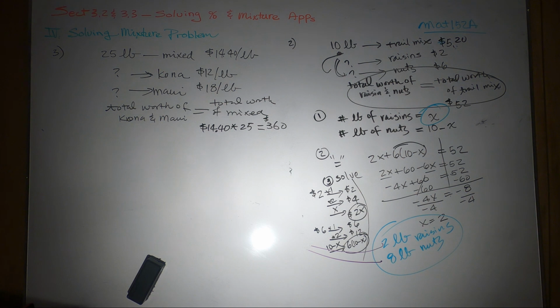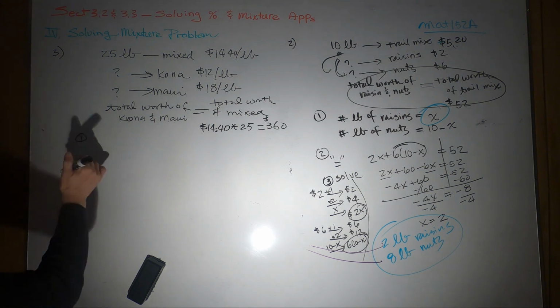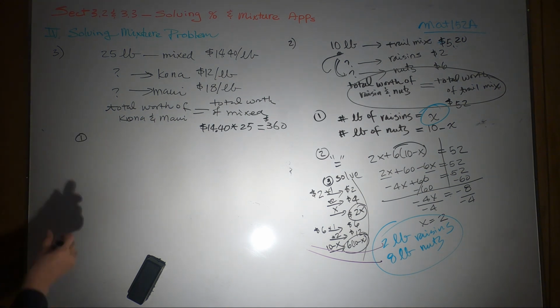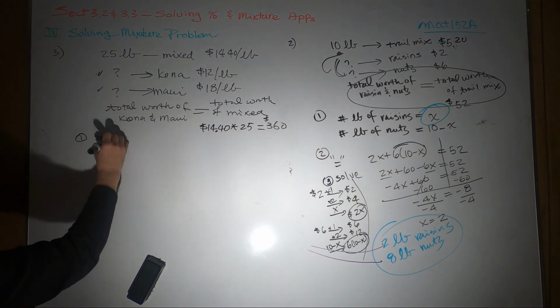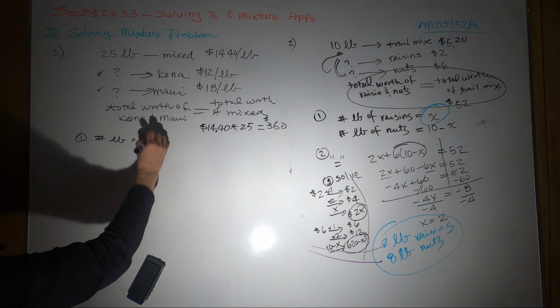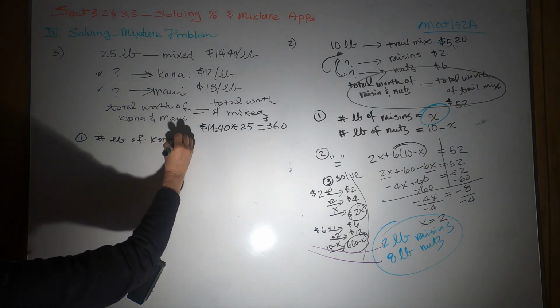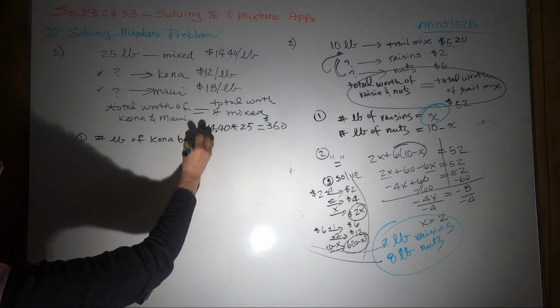Then how many Kona beans does he need? How many Maui beans does he need? Same thing. We say, okay, for the things we don't know, we use what? X. How many things do we need to know? 2 things, right? So you say, okay, number of pounds of Kona bean equals what?